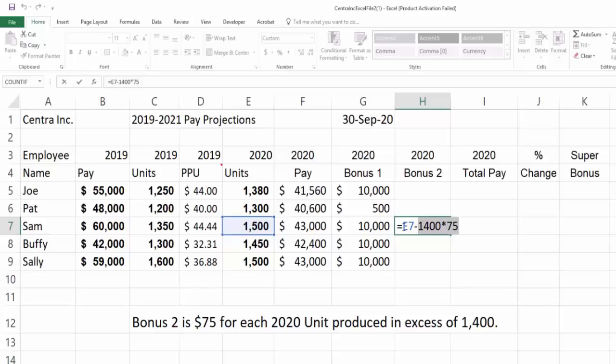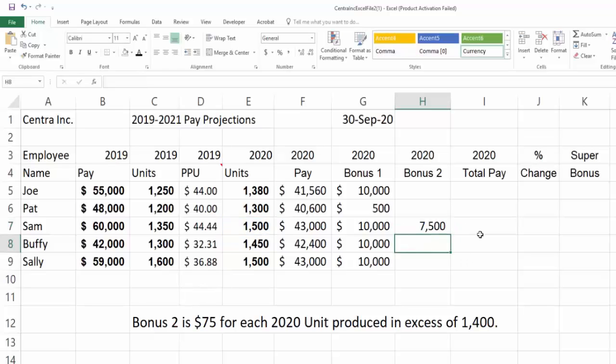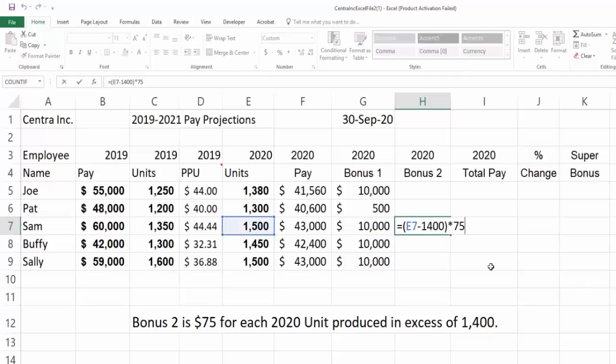That just doesn't mean anything. But you want this to happen first. So know that you have to put brackets around it because brackets happen first. So what's inside a bracket always happens first. So now your answer is 7,500. See? That is the bonus.